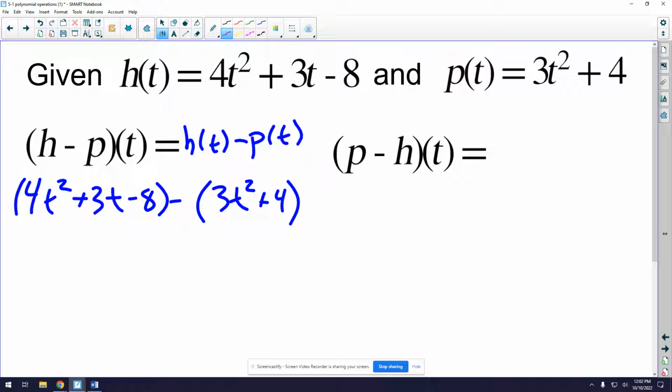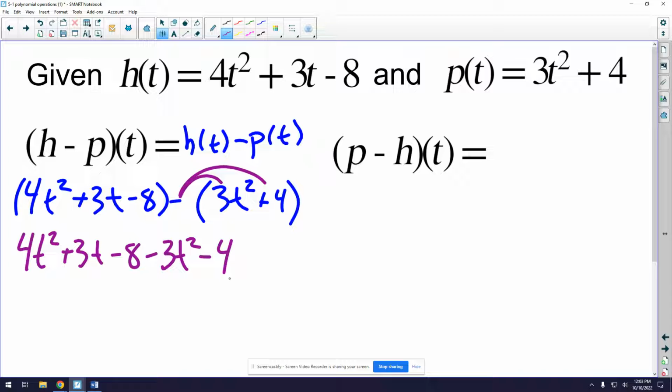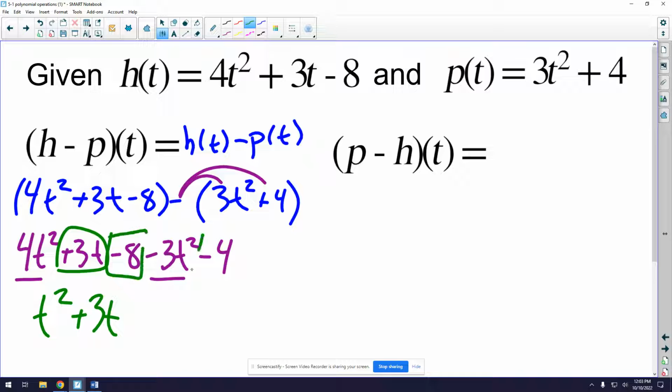So your first set of parentheses is not going to change because there's a positive 1 in front, which doesn't change anything. But your second set, you need to distribute that negative to both of those terms. Then you can combine your like terms. 4t squared minus 3t squared would be 1t squared, or just t squared. You have a 3t with no like terms. And then you have a minus 8 minus 4, which is minus 12.